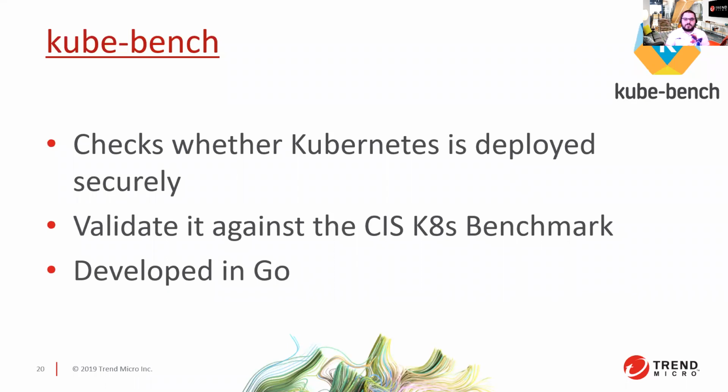So there is this open source tool that was released by Aqua Security called kube-bench. It basically checks whether Kubernetes is deployed securely, validating it against the CIS Kubernetes benchmark. It's developed in Go, and it checks all the items from the benchmark and gives you a pass, fail, or warning response.